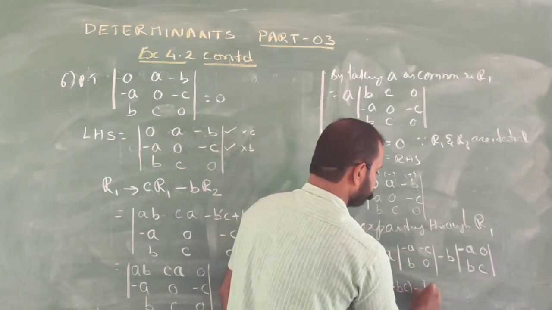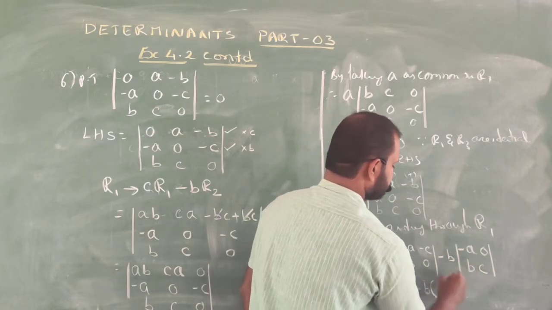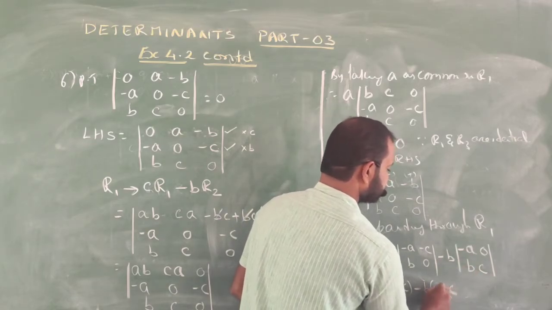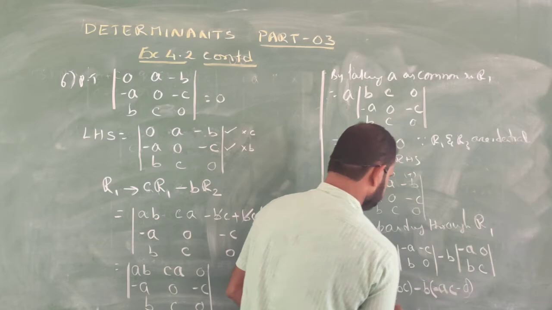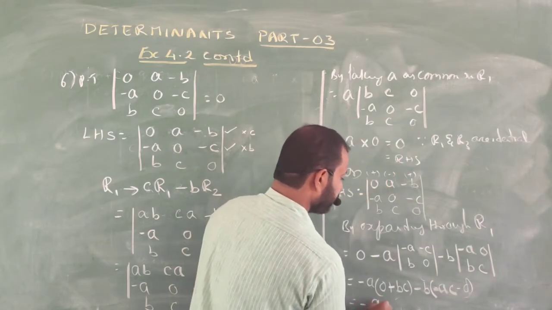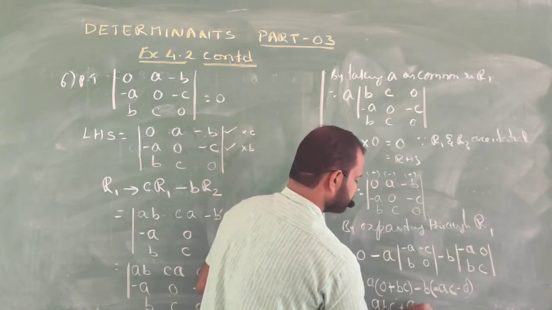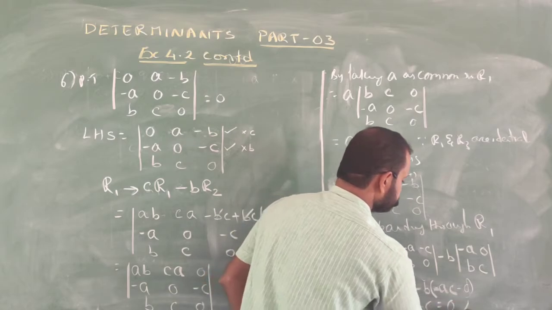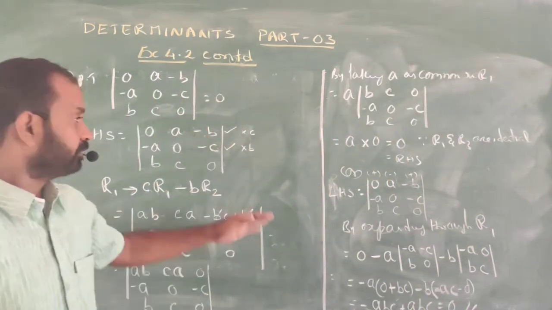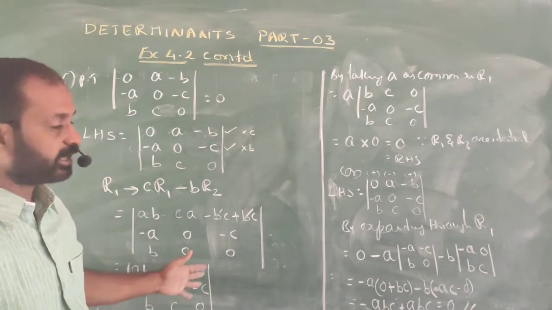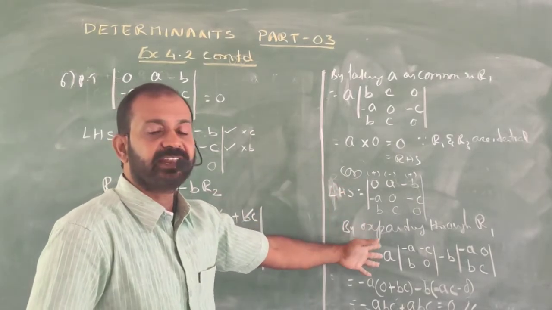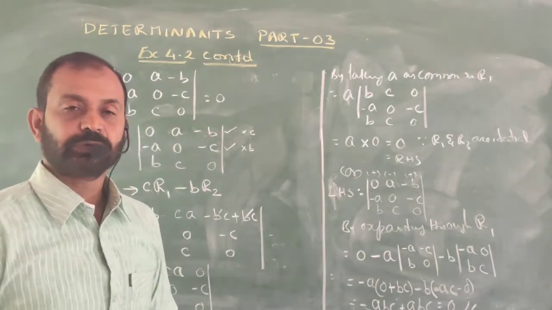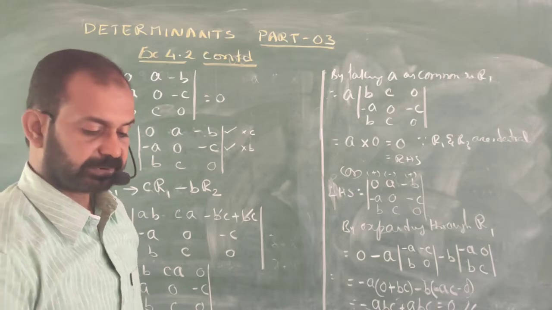This is minus B into minus AC minus 0, which is equal to minus ABC plus ABC, which is equal to 0. So by using the properties, or directly by expanding, I hope this is clear to everybody.